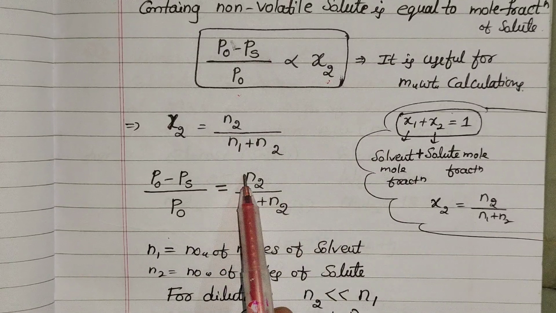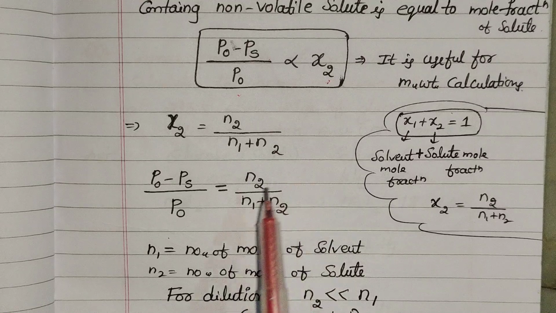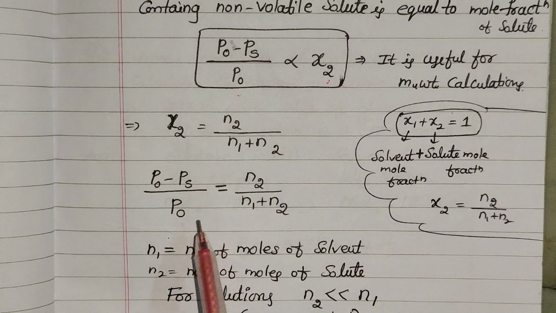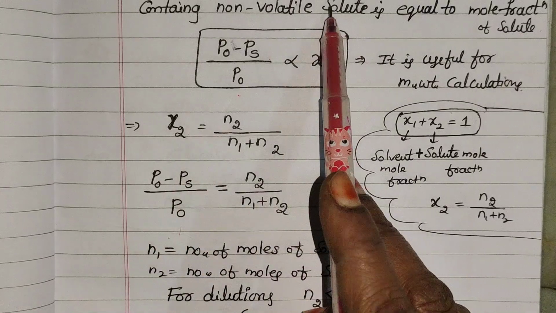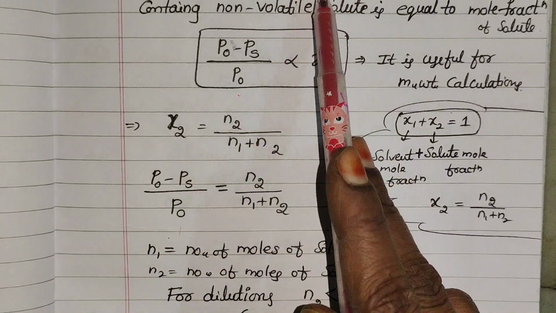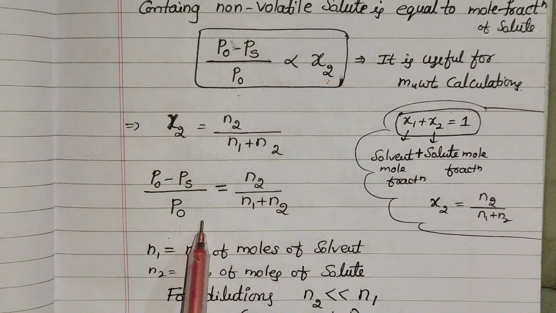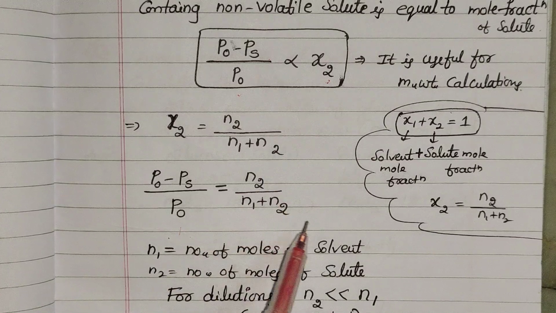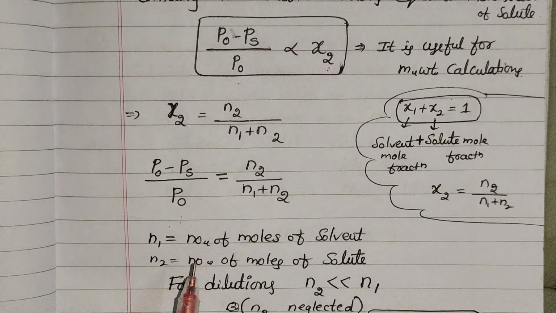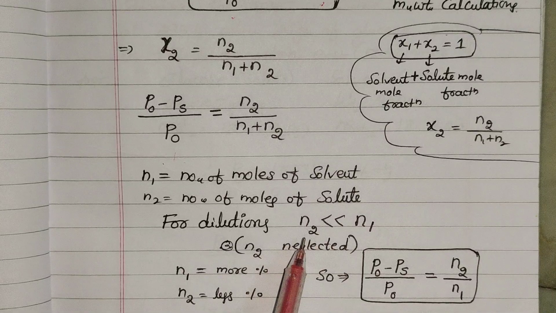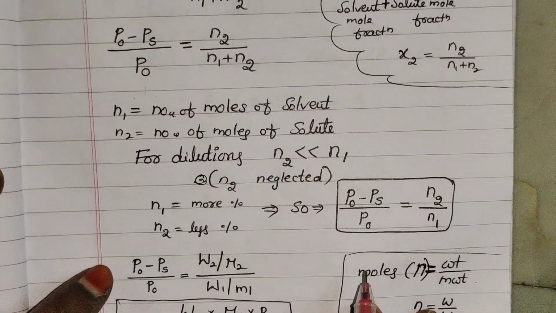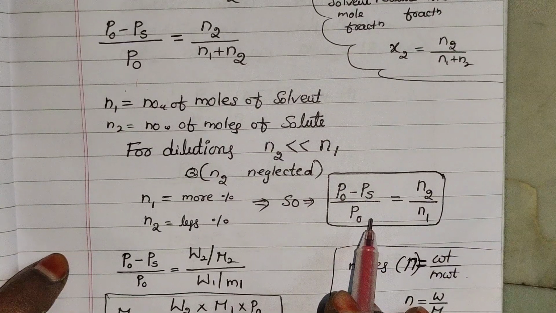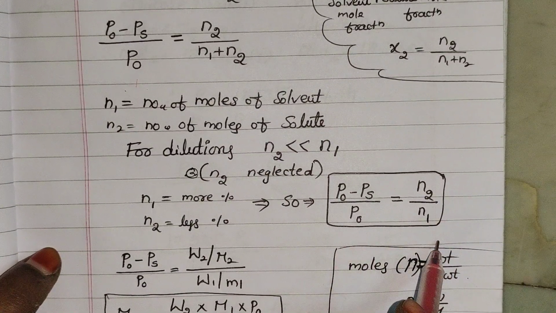Then P0 minus PS by P0 equals X2, that is N2 by N1 plus N2. For a dilute solution N2 is less than N1, so N2 is neglected in the denominator. Finally we get P0 minus PS by P0 equals N2 by N1.